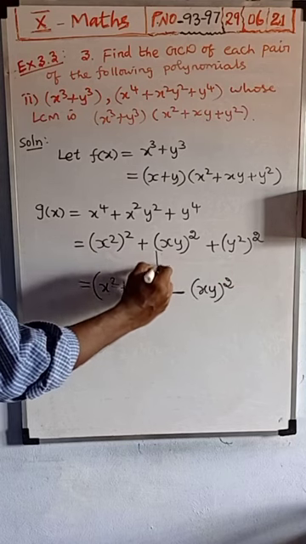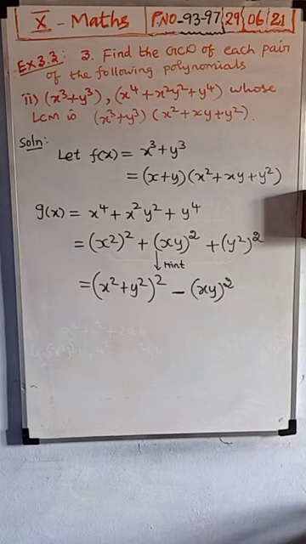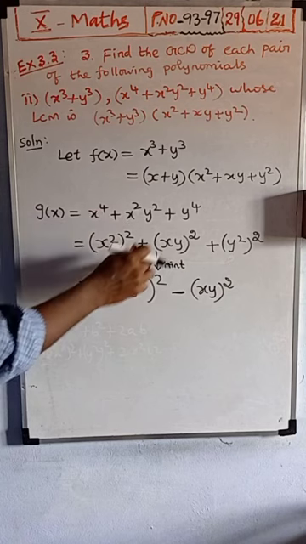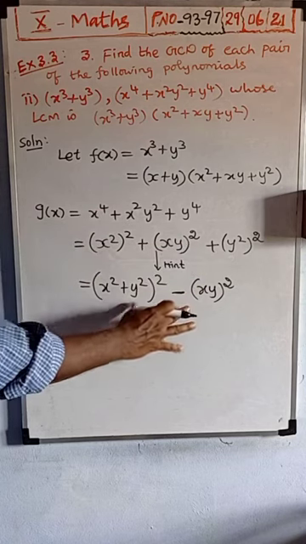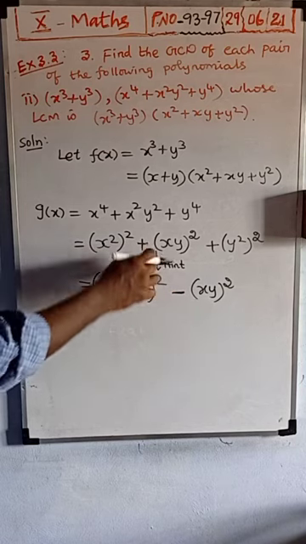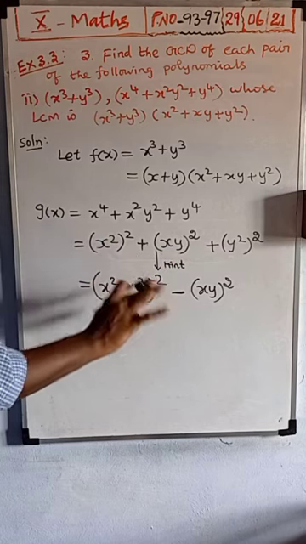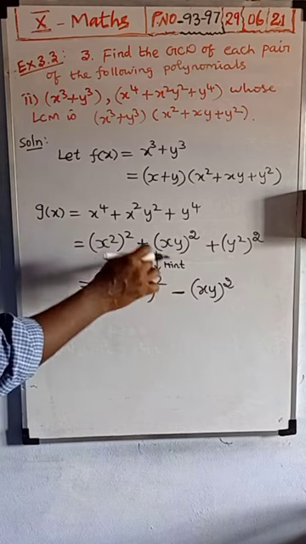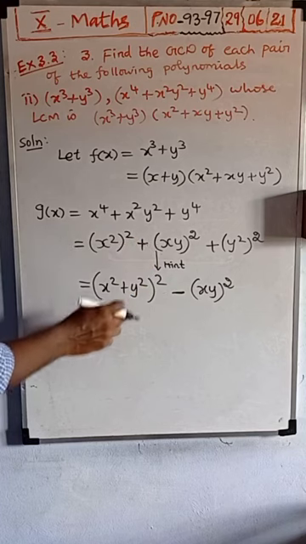Here we want to use the hint, so in the step before, as it is I have converted and written, and we can change and write like that. Here plus is changed into minus, means these two steps will be equal. Because we cannot write x square plus y square to the whole square, while writing, plus is automatically changed into minus. So this step is equal to this step.